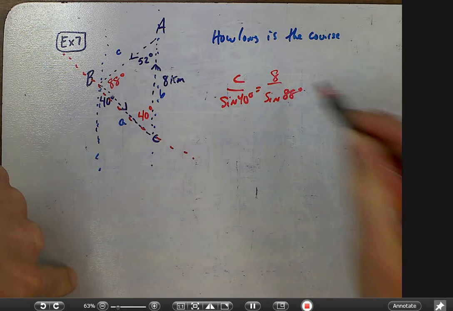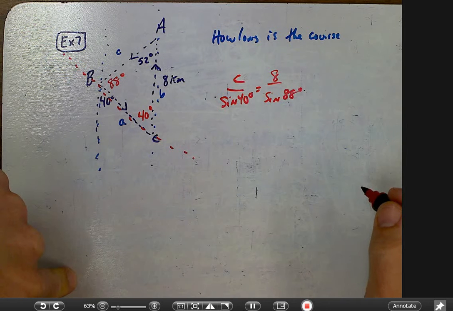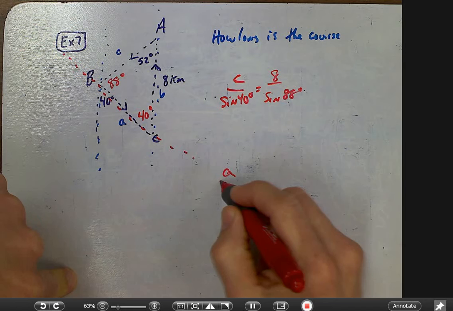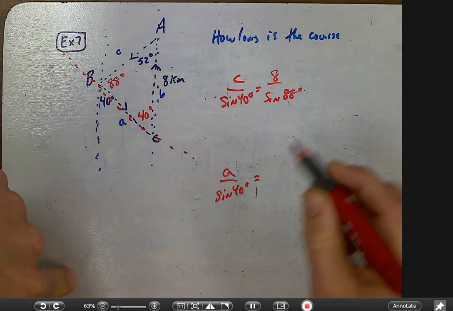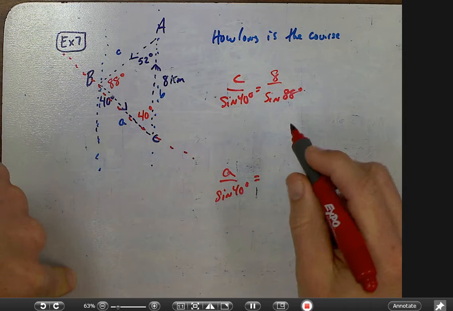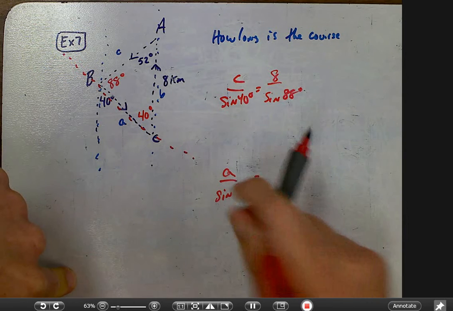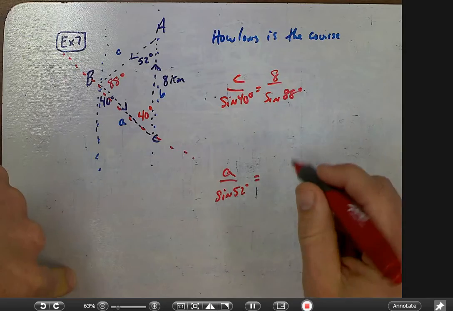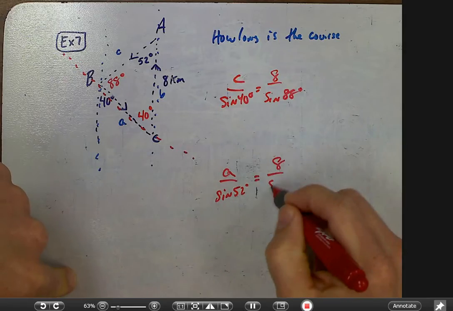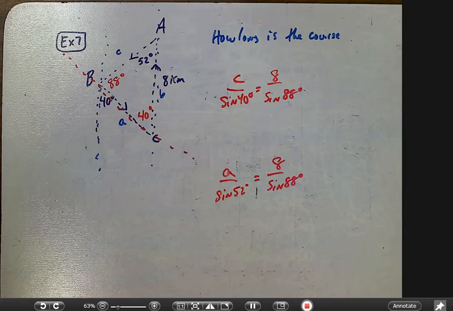So there's how you find side C. To find side A, it'll be side A over the sine of 40 degrees is going to be equal to, no, sorry, not sine of 40, I apologize, sine of 52 degrees. And that'll be over 8 over the sine of 88 degrees. So I set up my law of sines to find side C and side A, go through the math, which you should be able to do at this point in time.